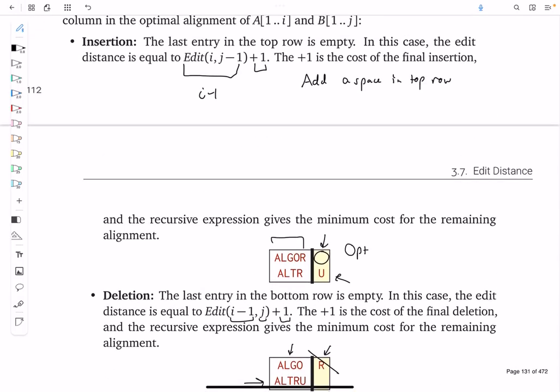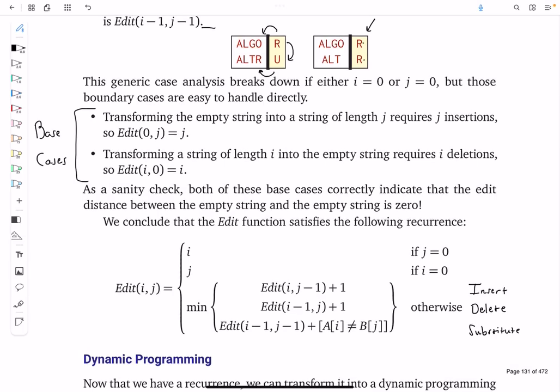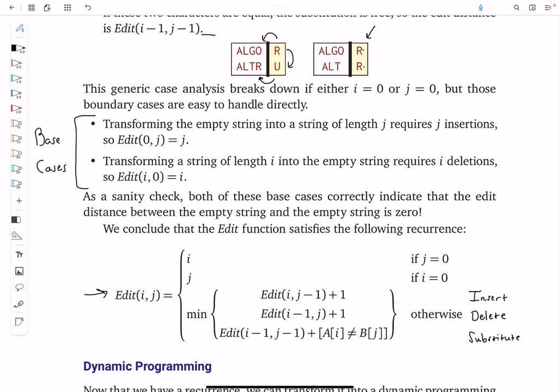So those are our three options, and so if we just pack those into a recurrence, it'll look like this. So in particular, we can either insert, delete, or substitute. There's three options. And in each case, we get the corresponding subproblem and cost. And notice here, if the substitution has both characters matching, like up there, then this will be cost 0.